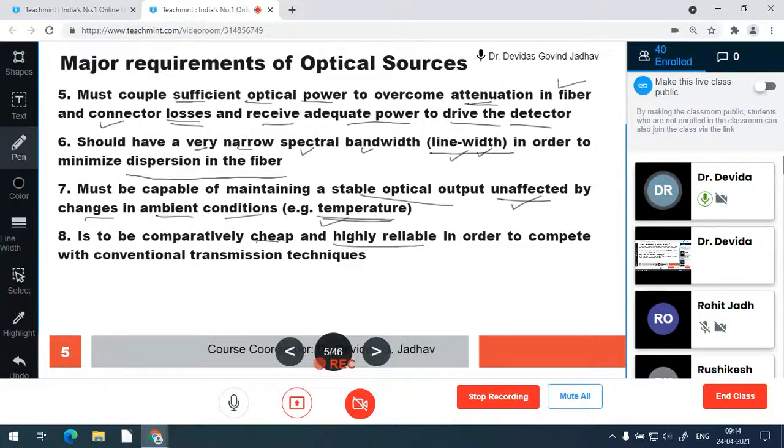The source should have a very narrow spectral bandwidth to minimize dispersion. It should be monochromatic. The source must maintain a stable output unaffected by ambient conditions, whatever the temperature changes. And it should be cheaper and highly reliable. Monochromaticity is required for reducing losses, like dispersion losses.